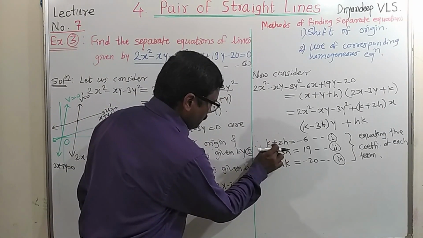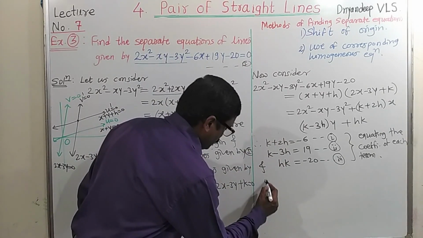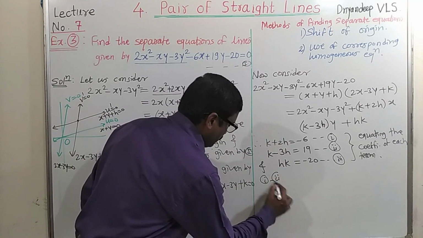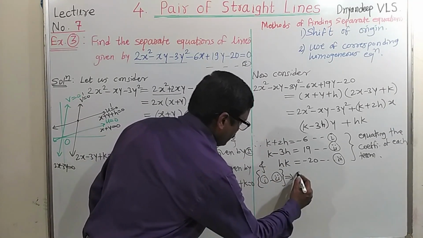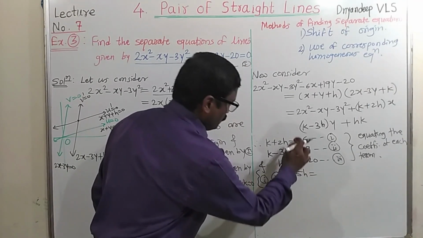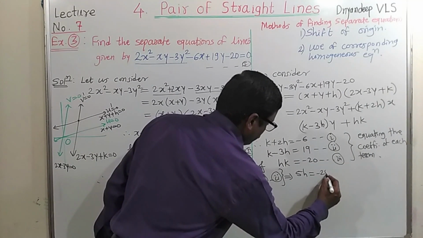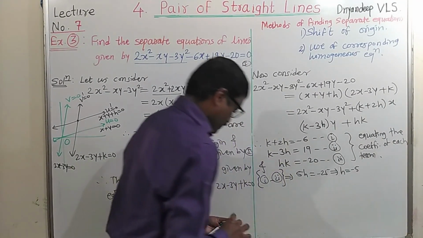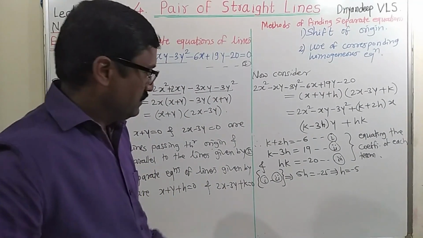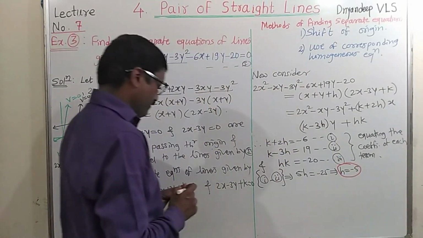Subtract this second equation from first. k will get cancelled. So first minus second implies 5h equal to minus 6 minus 19, that is minus 25, which implies h equal to minus 5. So this is our first value, that is h equal to minus 5.